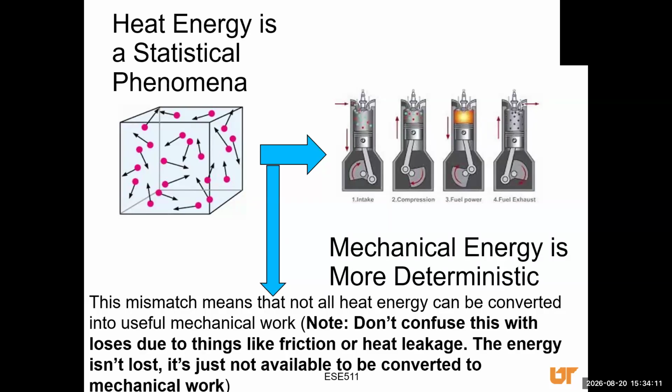It's going to get transferred somewhere else, a place we wish it didn't get transferred, but it is, and we're not going to be able to extract it for mechanical work. So don't start thinking we lost some of that energy because of friction or heat in the machine. We're going to start out by assuming perfect machines with none of those losses, and we're still going to find out that we can't convert all the heat energy into mechanical work.